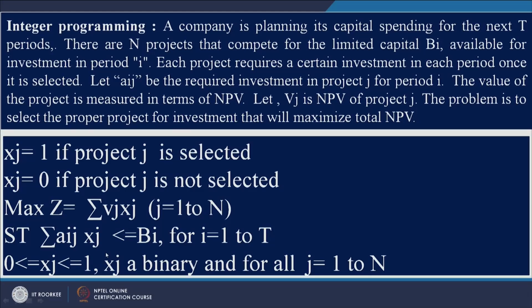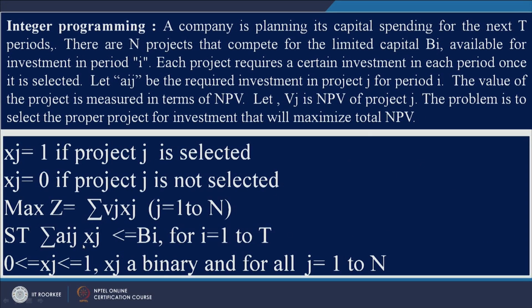Then you have a constraint on your budget. So, this objective function is subject to the summation of Aij Xj. If J is equal to 1, it means that project is selected, and when a project is selected, then this is your budget requirement. Aij is the required investment in project J for period I. So, this should be less than or equal to your total budget available.